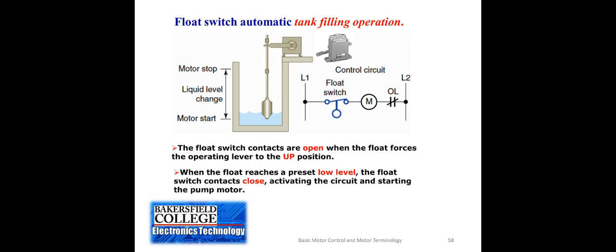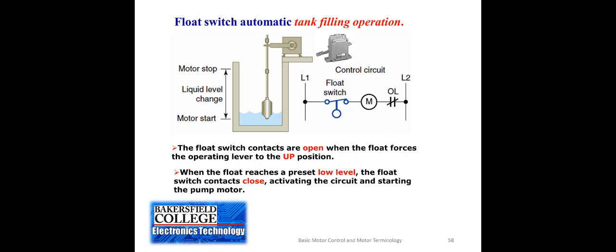Now, this is an example of a single float switch used to control when the motor to the pump turns on to fill the tank. So this particular float switch has a range of motion. You can see on the bottom of the tank it says motor start. So when the level reaches that point, the contacts will close and the float switch will turn the motor on.